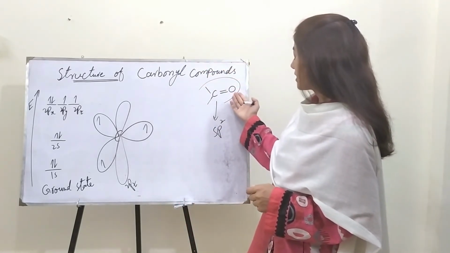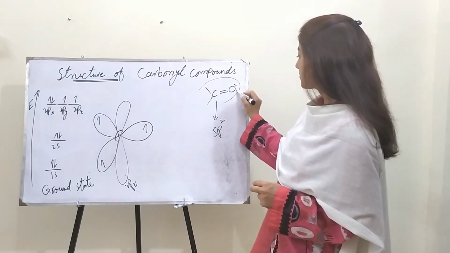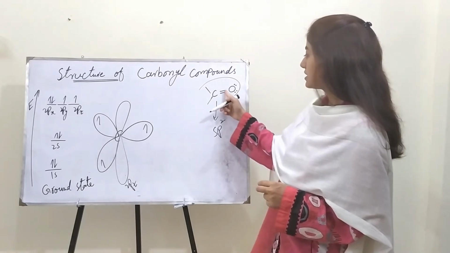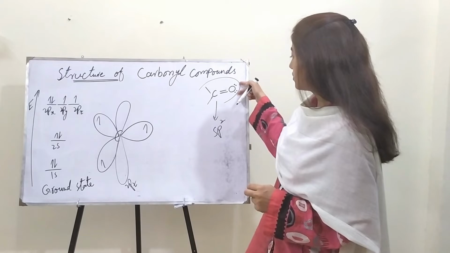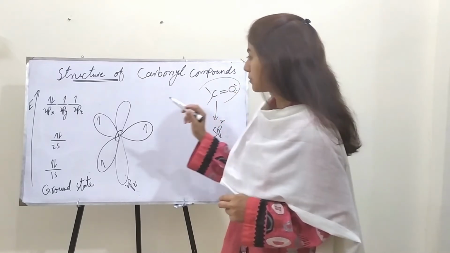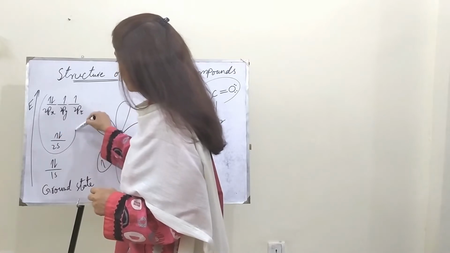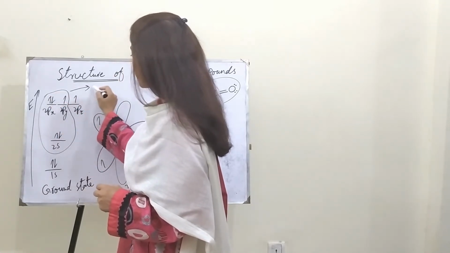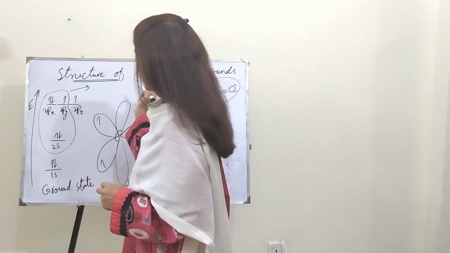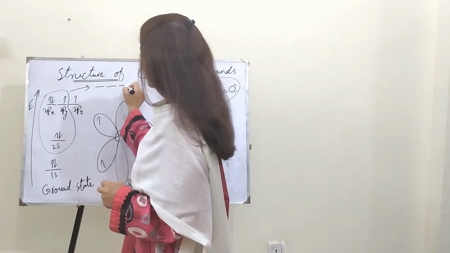Now the oxygen atom has 2 lone pairs, 1 sigma bond and 1 pi bond with the carbon atom. For this purpose, it would show sp2 hybridization, and it would give 3 sp2 hybrid orbitals.